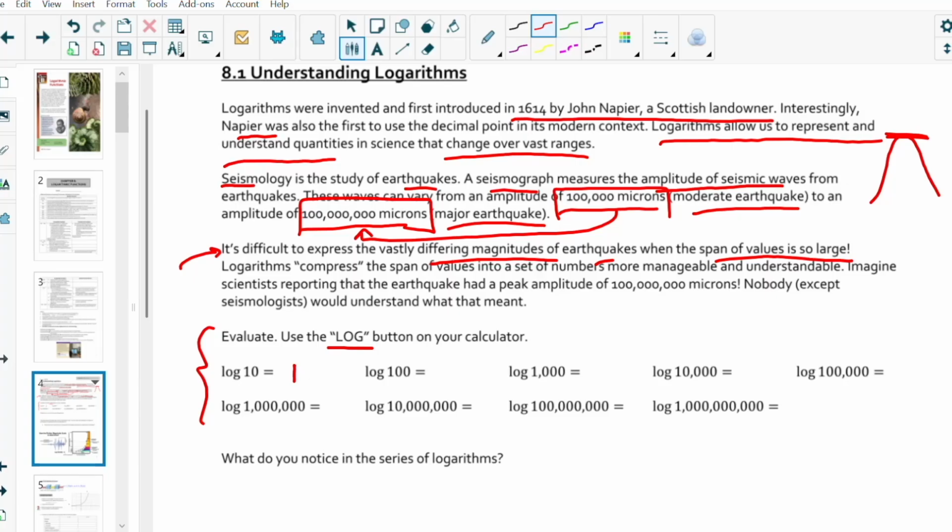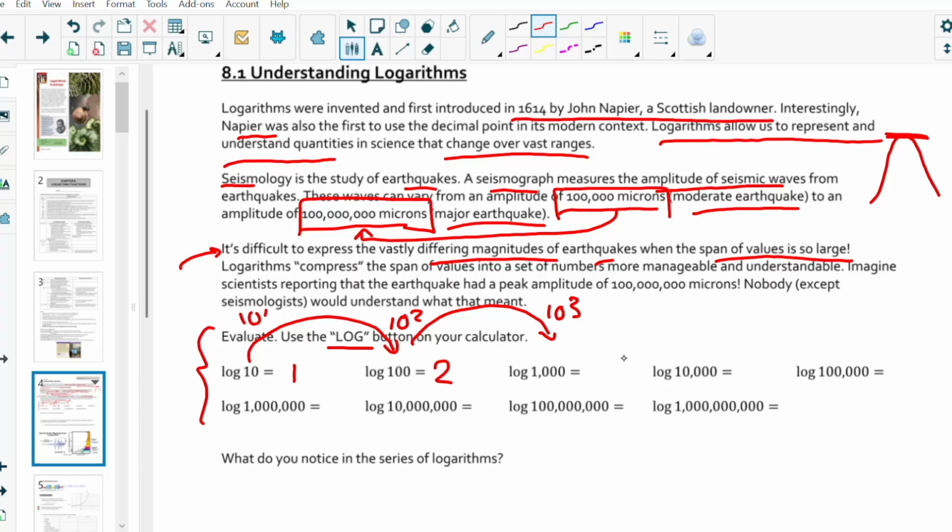So we're going to do the same for the others. If you do log 100, so to go from 10 to 100, right? This is 10 to the 1. This is 10 squared. What do you think is going to happen? It's 2. We're going to go from 10 squared to 10 to the third, but we're going to take the log of 10 to the third, so log of 1,000.